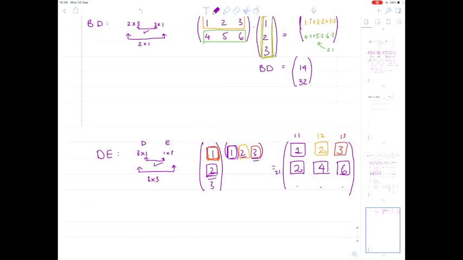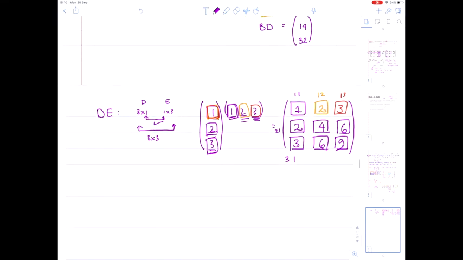Then we head on to our final row, so this will be third row first column, 3 times 1. This will be third row times second column. And finally we'll have third row times third column. Okay, so that was finding D times E.